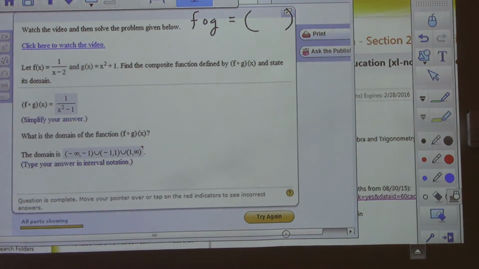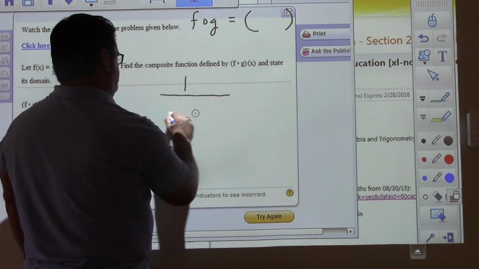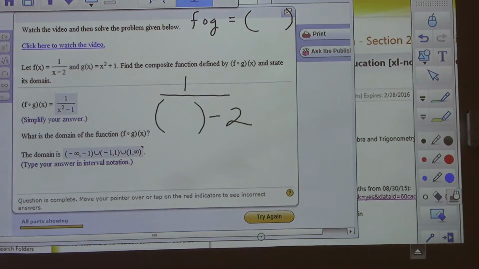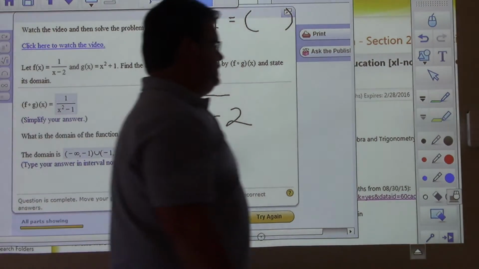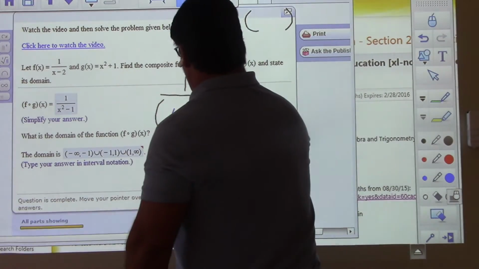Big parentheses. So here's f of x: 1 over parentheses minus 2. And what goes into the parentheses? x squared plus 1.